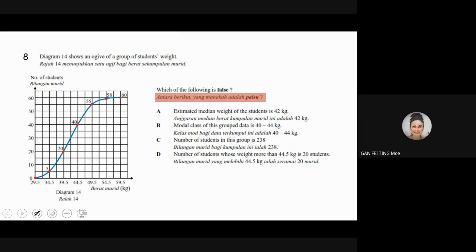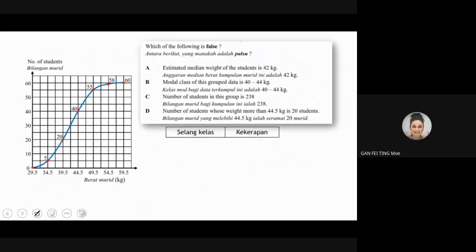Every one of A, B, C, D, you need to digest and understand what it says. A says the estimated median weight of the students is 42.